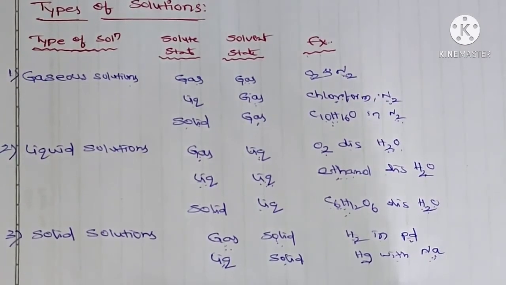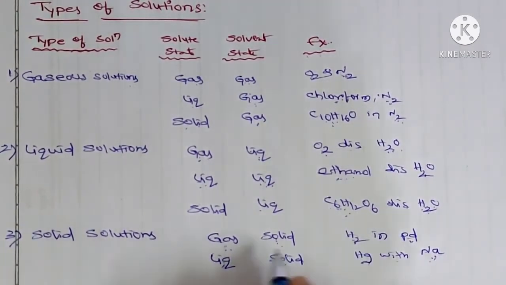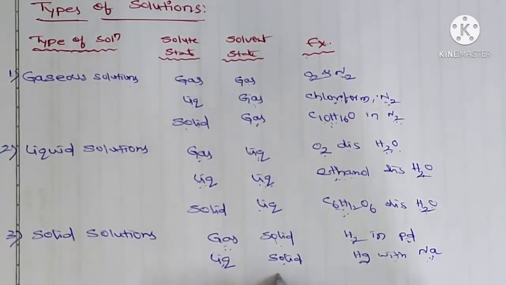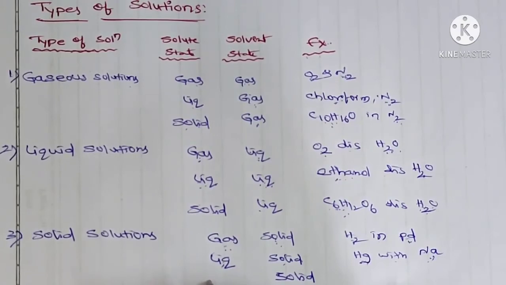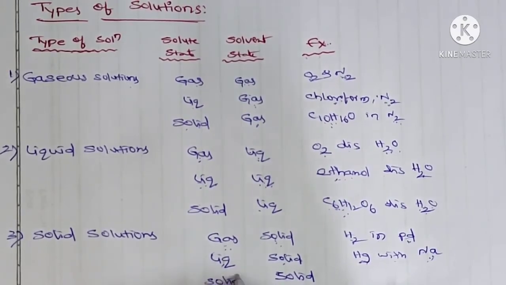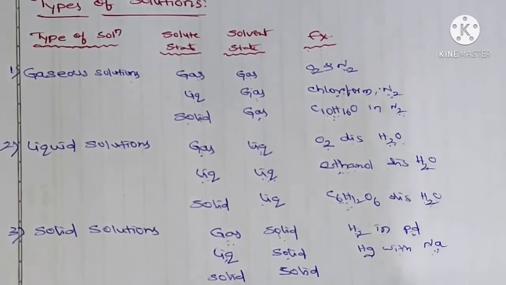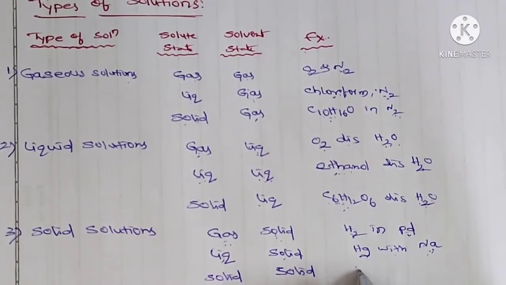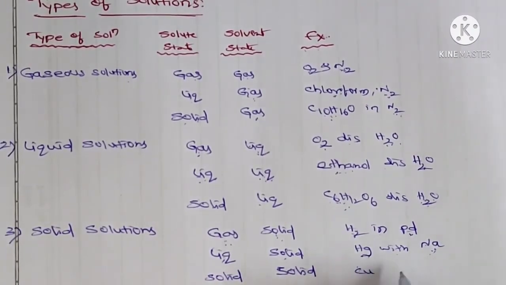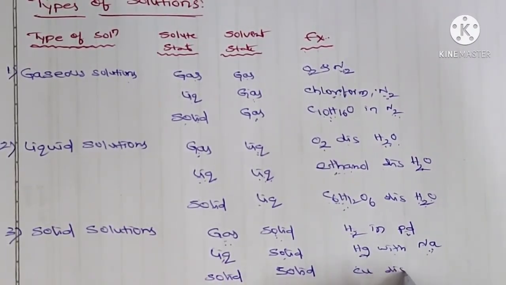And the last one, the solvent is in solid state and solute also in solid state. So solid in solid. The best examples, ornaments, you know that copper dissolved in gold.